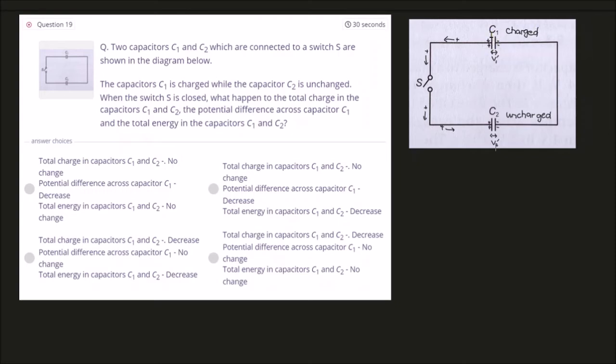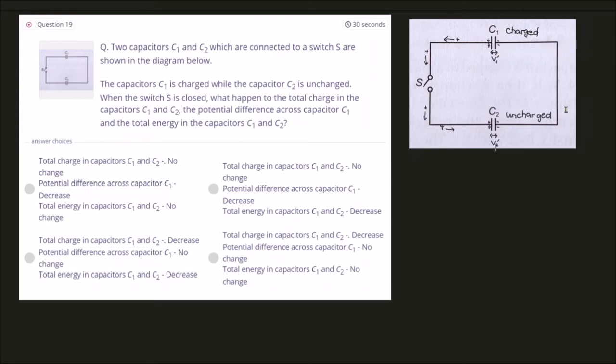If the left plate of C1 and the left plate of C2 want no charge to flow between them, the potential difference between them must be zero. There is no potential difference across these two left plates. Then only will charge not move.